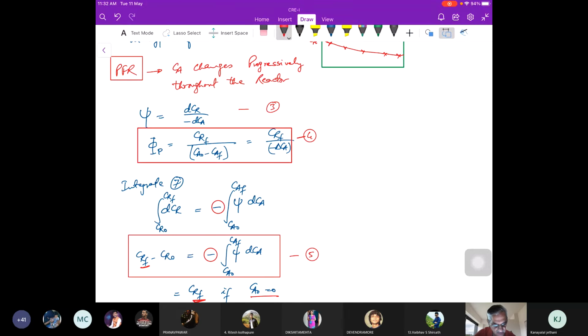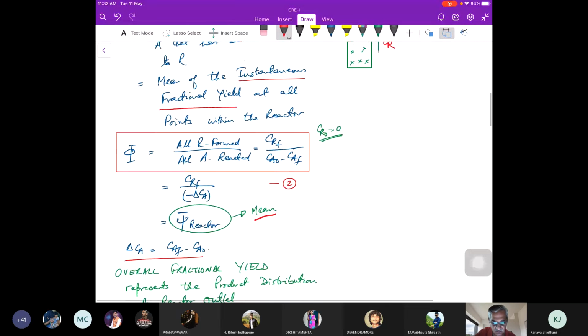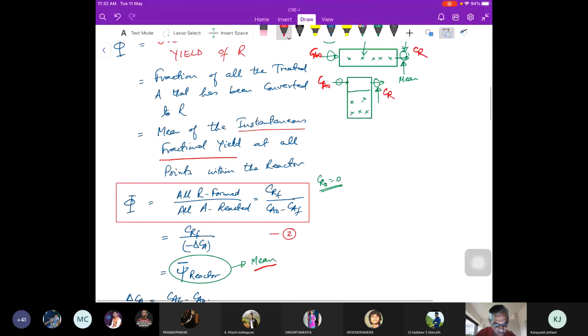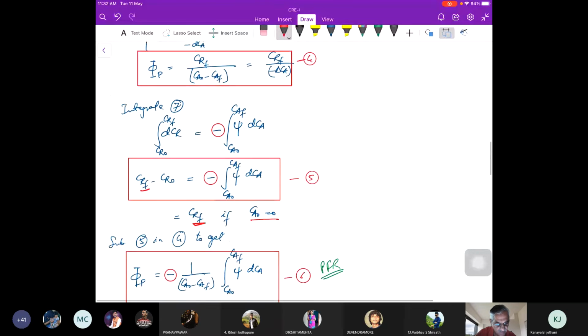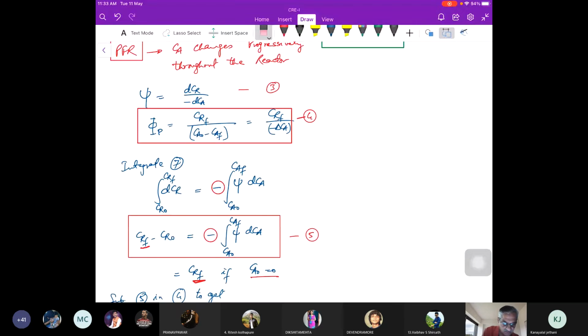Why did I say 7? Was 7 above? 3 should come. Okay. So if you integrate 3, dCR, this term here is equal to minus psi into dCA, integral from CA naught to CF and here CR naught to CRF.